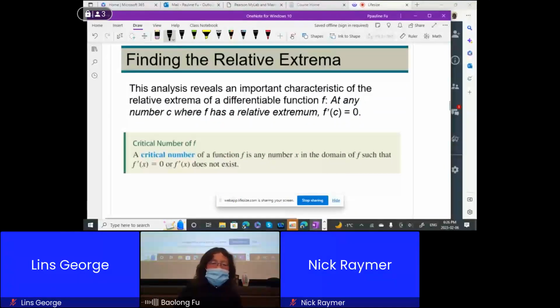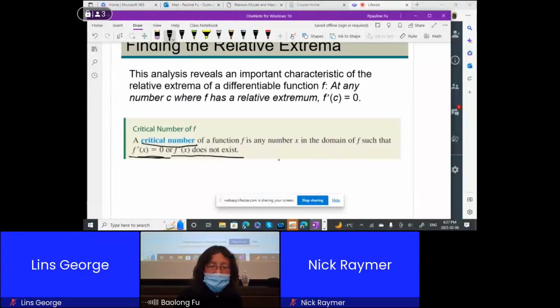Okay, new concept, critical number. It is a number such that derivative equal to 0 or derivative does not exist. Those numbers are called critical numbers.